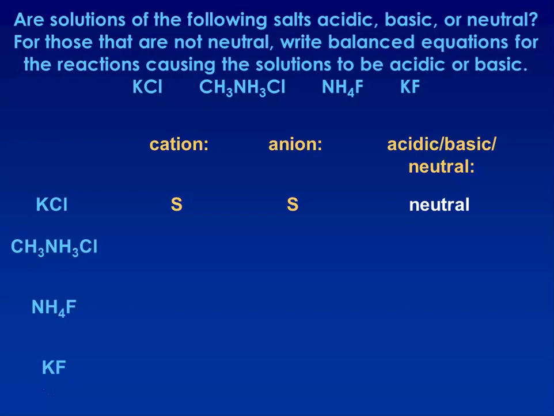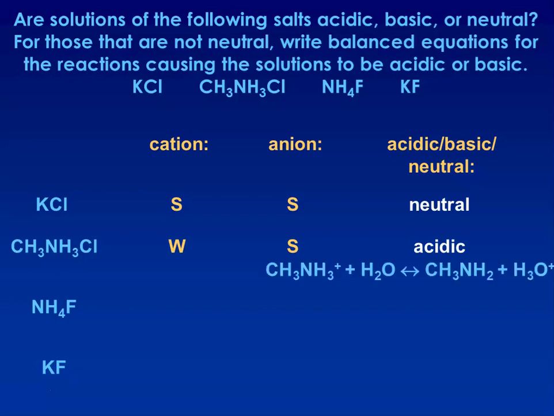With our next salt, we don't have an alkali metal or an alkaline earth as our cation, so that's coming from a weak base. The Cl is still coming from a strong acid, so this would be slightly acidic. And the equation that I would write would be showing how the methyl ammonium is able to donate a proton.